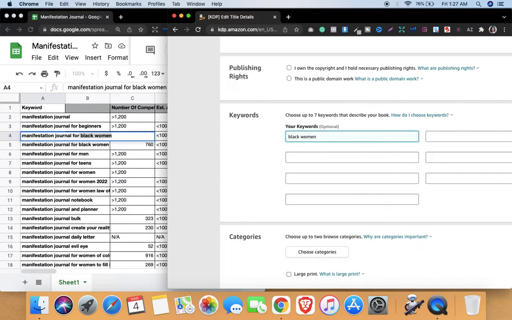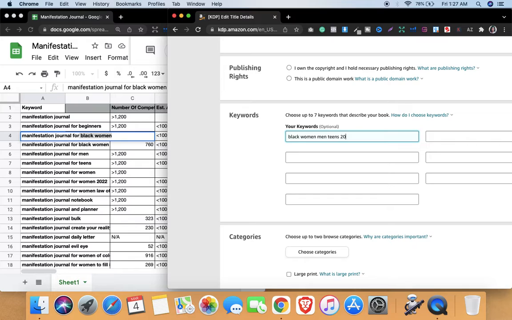Why am I not selecting manifestation journal for? Because I have already used it in my title and subtitle. Then black women, for men, for teens. The second one is men, then teens, then women. Men, teens, women I have already used, so I will not use them.